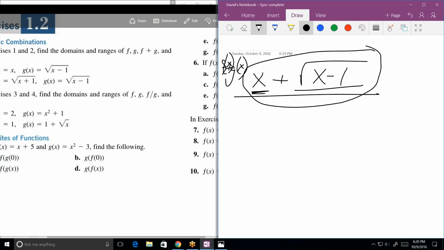Yes. So there still is. In other words, adding the two together does not take away the domain restriction. So the domain restriction is still x minus 1 has to be greater than or equal to 0. That's always my starting spot. Okay? And let's look at the range of that.